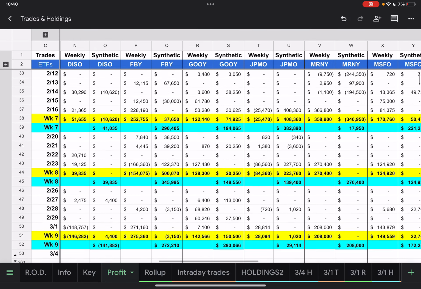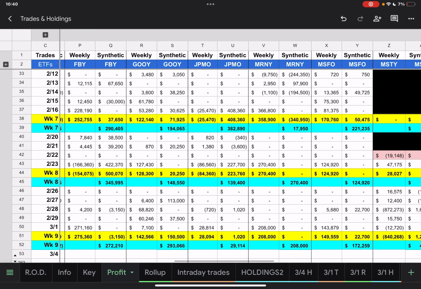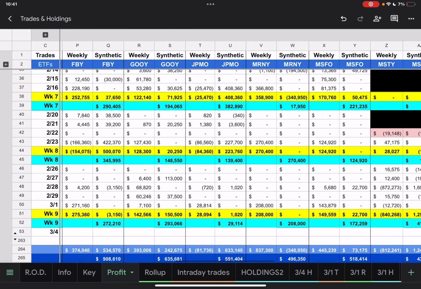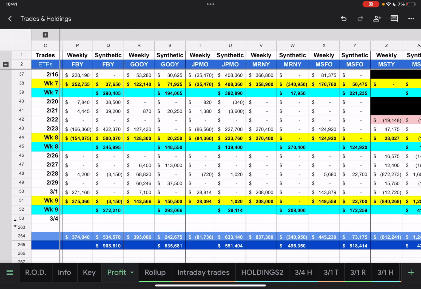If we go to FBY, we had about 290, 345, and 272. So that's pretty consistent. Of course, when you look at them, weekly and the synthetic, this is where I get a little confused: is the distribution really on the short call?